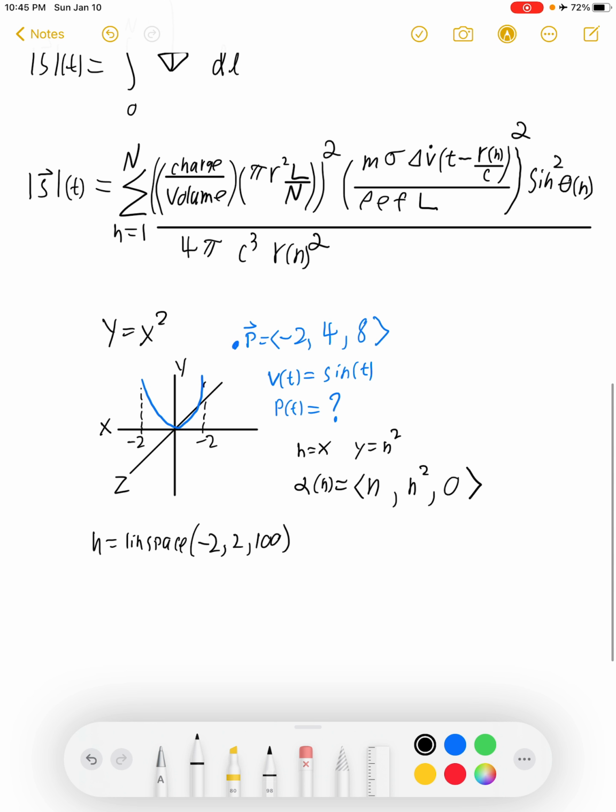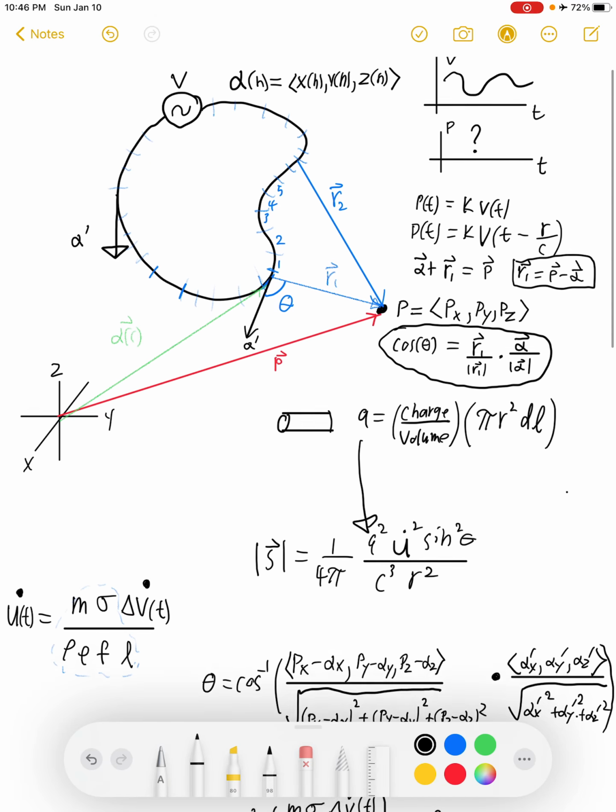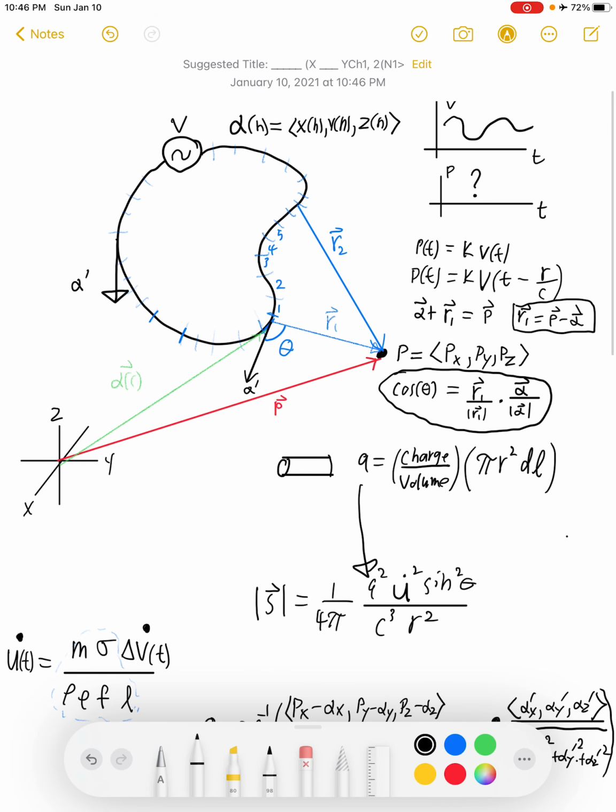So plugging in the first one, say the first one is at -2, alpha of 1, index 1, would be -2, 4, 0. Now you just have a number. What did we say? We said that R is equal to P minus alpha.